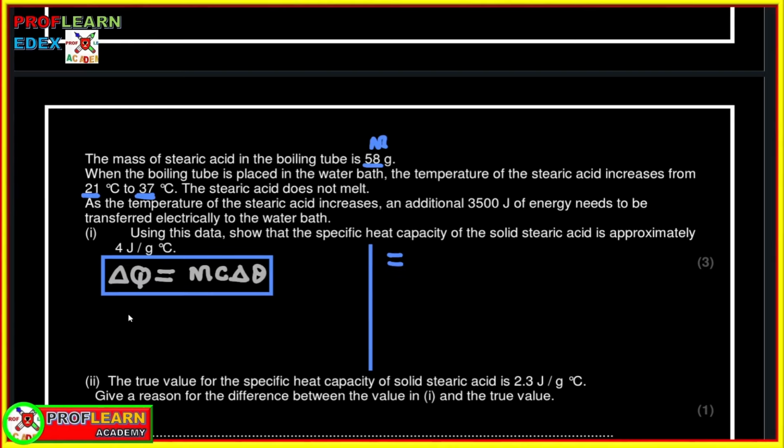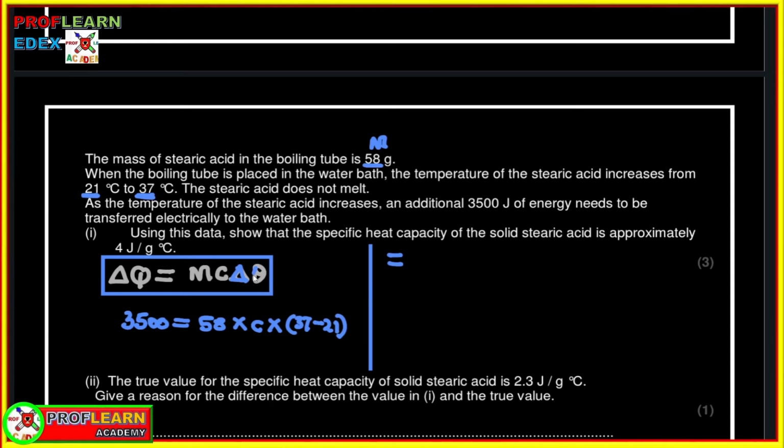This is the formula we're going to use. Then we identify that the energy is 3500 equals the mass, which is 58. Because specific heat capacity was given in joules per gram, we are going to use the mass in grams. But if specific heat capacity was given in joules per kilogram, you have to change the mass to kilograms as well.